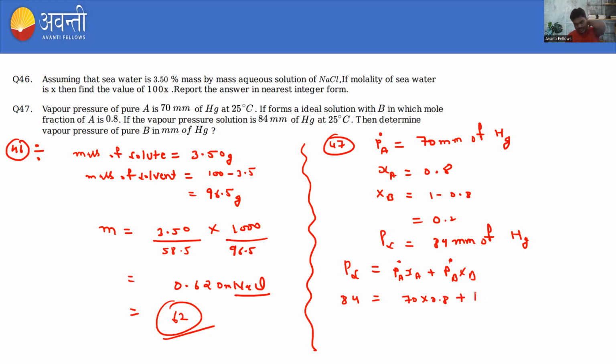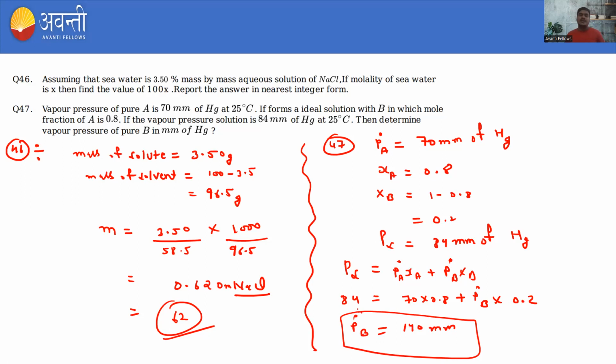We don't know P naught B, and this is what we have to calculate. And XB is equal to 0.2. So we can easily calculate P naught B, which comes out to be 150 mm Hg. Right, so this is how we calculate.